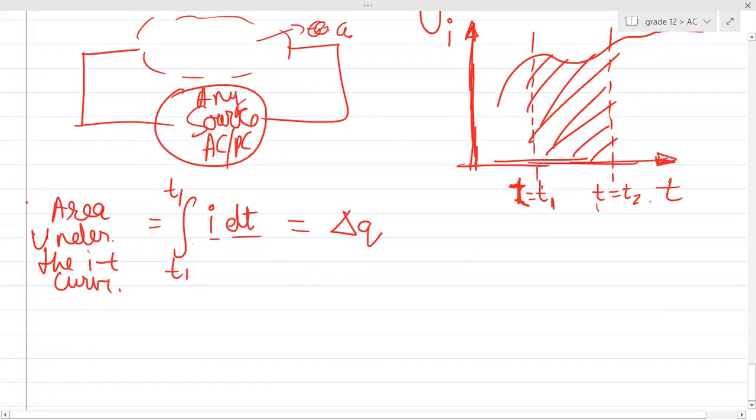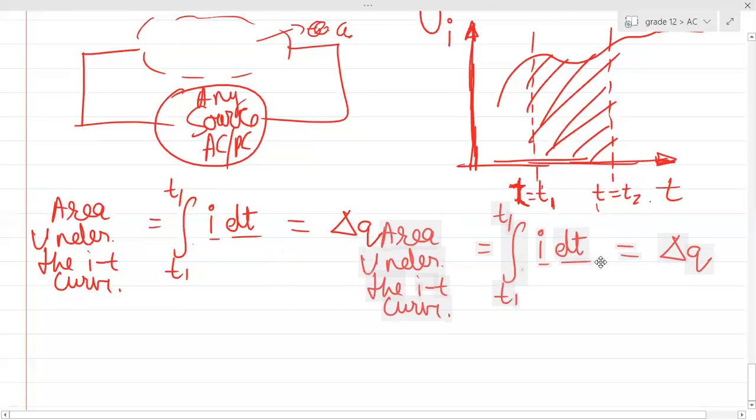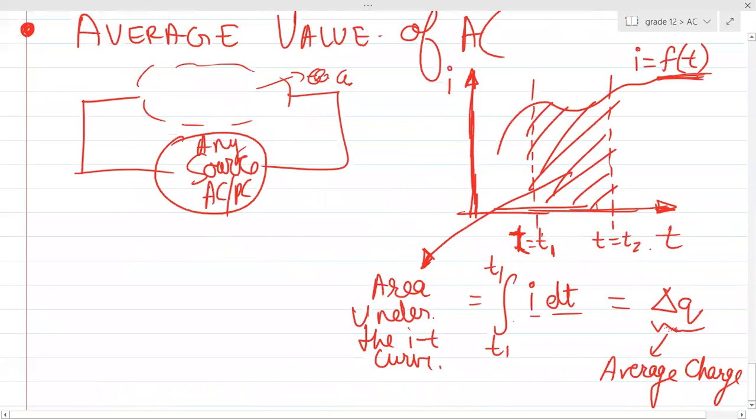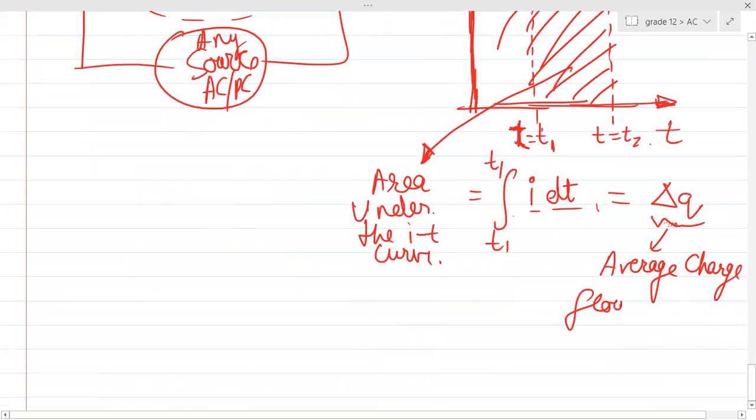So always remember, this area under the I-t curve represents the charge flowing during t equals t1 to t equals t2.